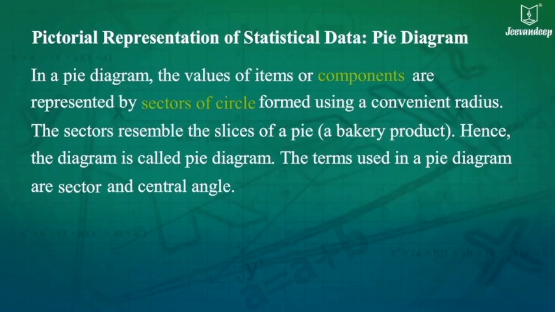The sectors resemble the slices of a pie, a bakery product. Hence, the diagram is called a pie diagram. The terms used in a pie diagram are sector and central angle.